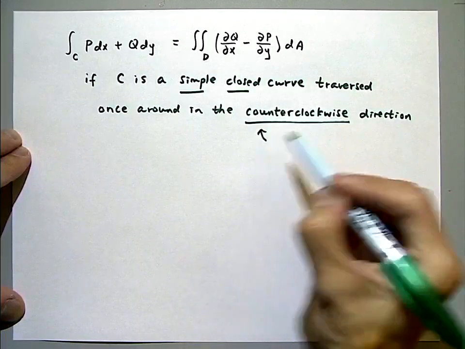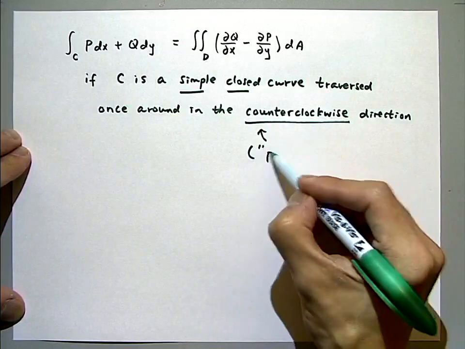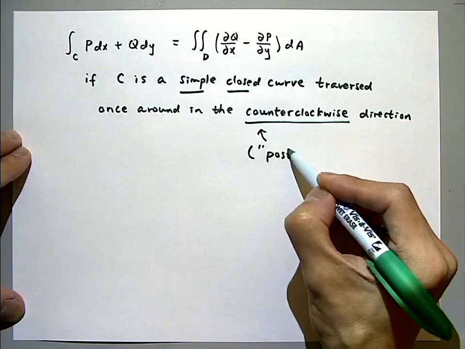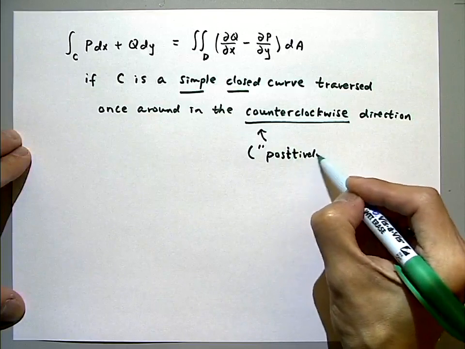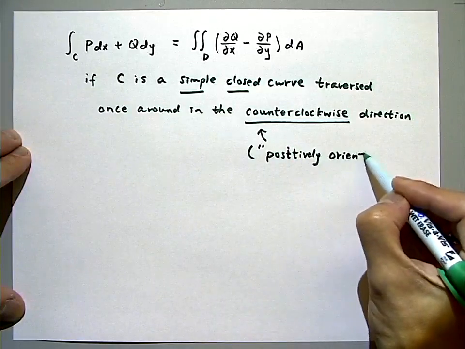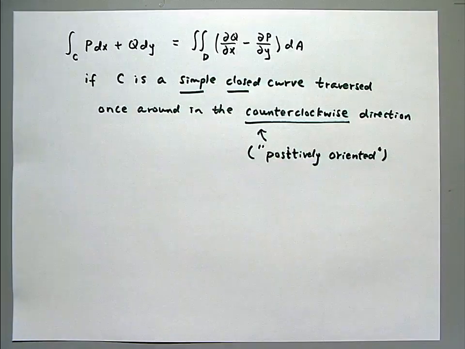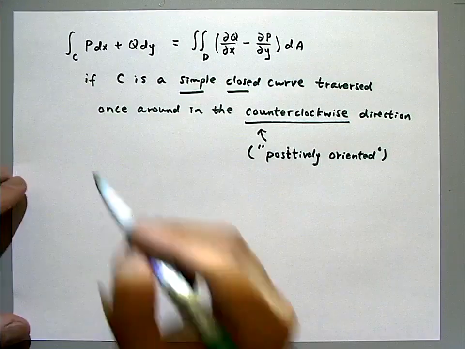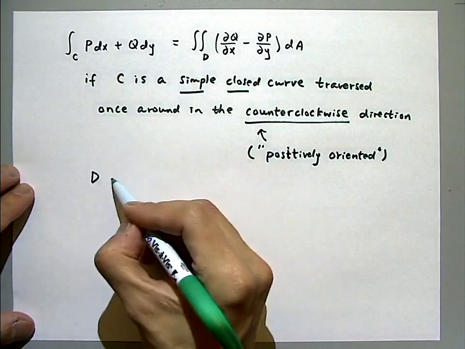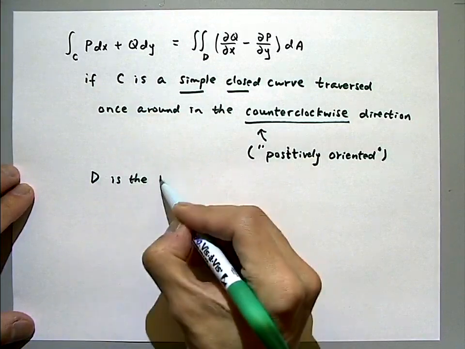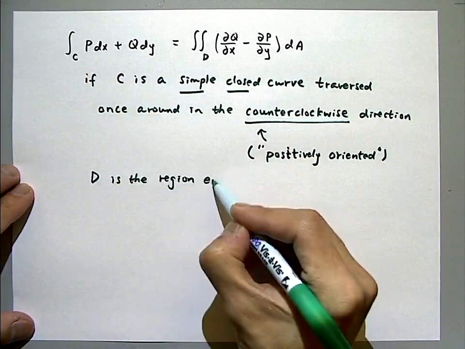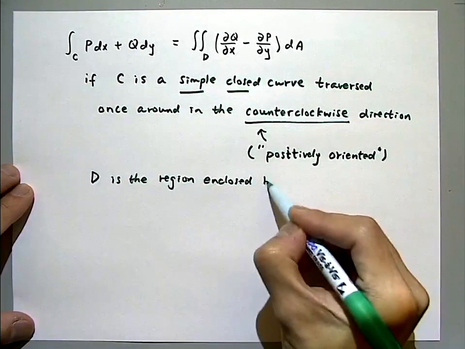And this counterclockwise direction is often said to be positively oriented. So we define the counterclockwise direction to be the positive direction, just like how we define the angle theta for a polar angle, for polar coordinates. And if that's true, then D is the region enclosed by C.